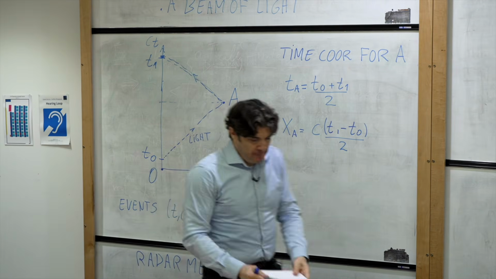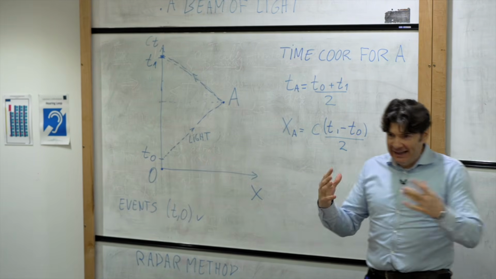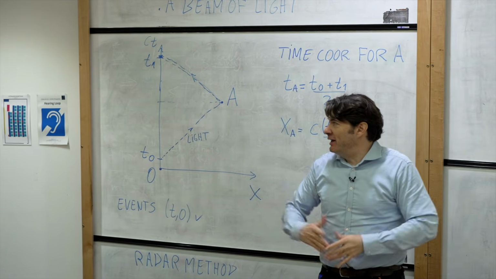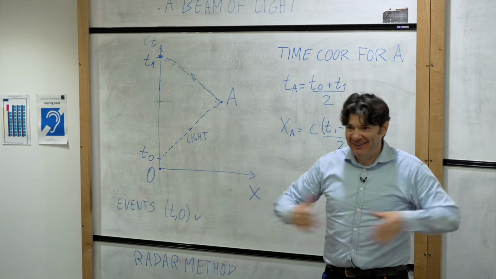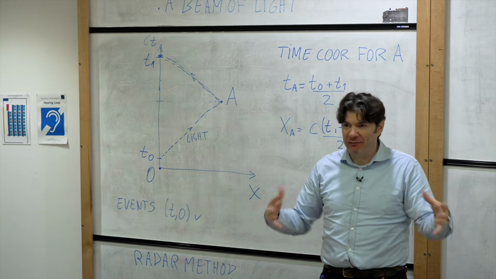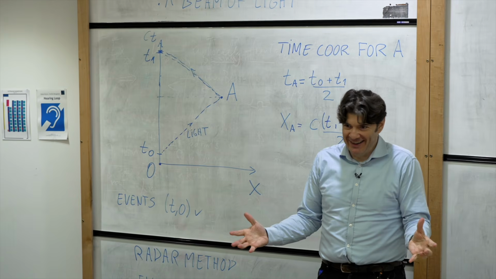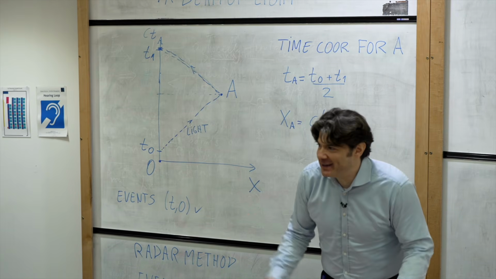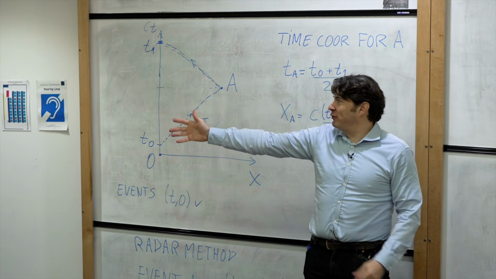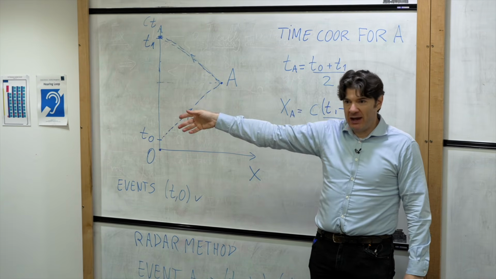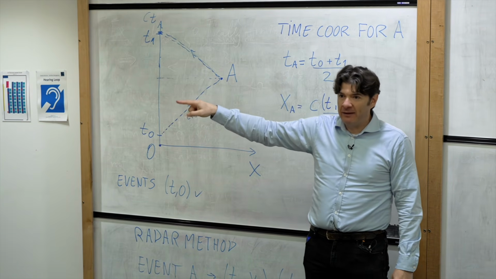And you could imagine that the observer, at least in principle, is throwing light all the time, and just measuring what reflects, which is exactly what a radar does. If you see an object, it's not that you throw light to the object.